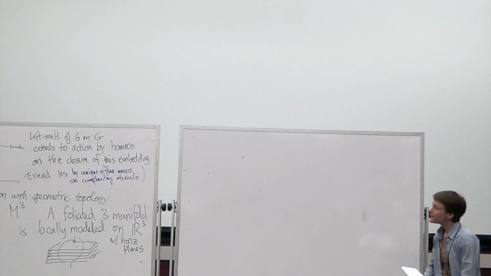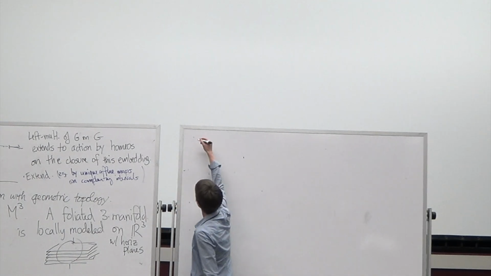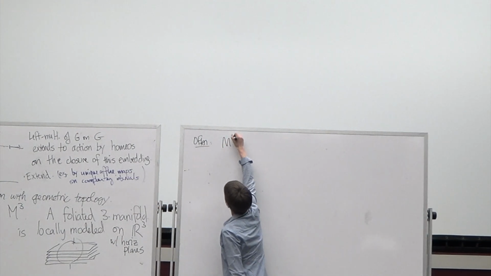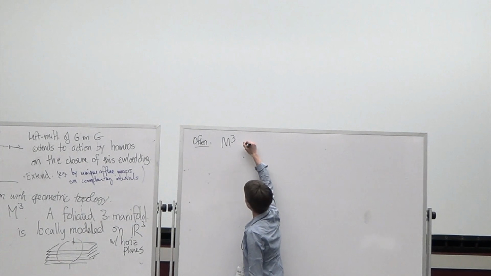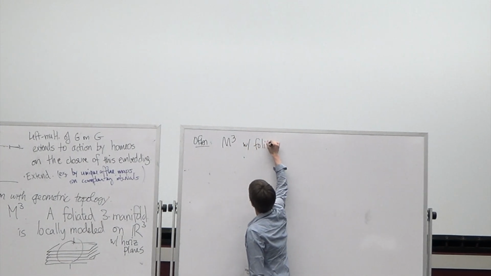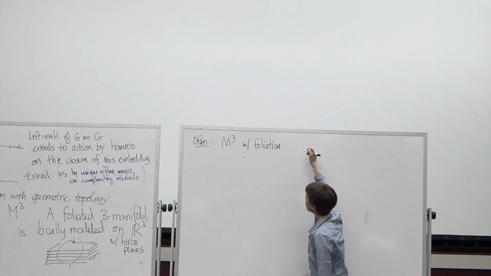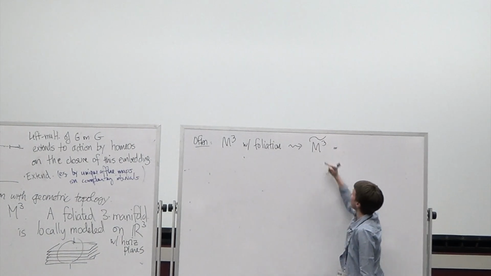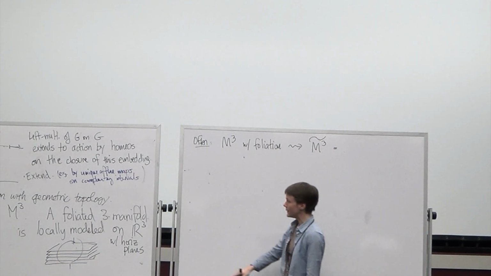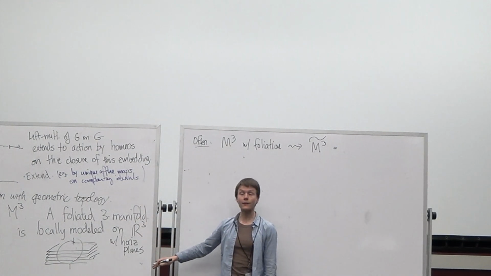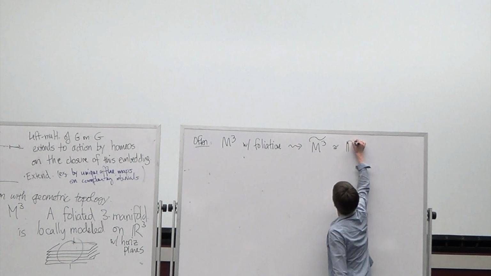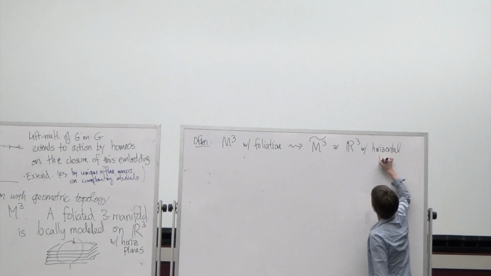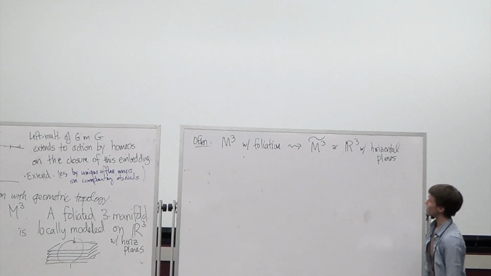All right, so often, not always, but often, if you have such a foliated space, and you look at its universal cover, you actually really do get R3 with horizontal planes, up to homeomorphism.